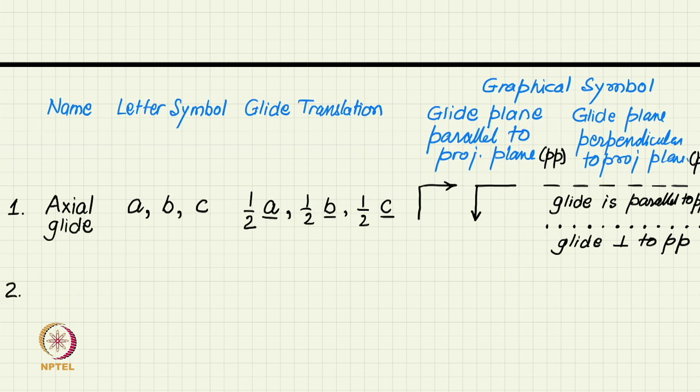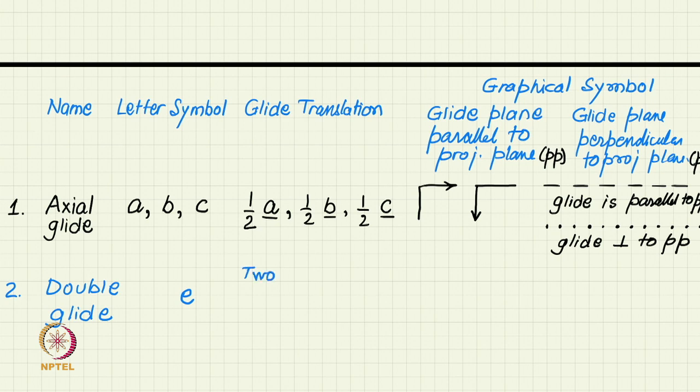Another glide which is possible in 3D is called the double glide. For double glide, the letter symbol is E, and by double we mean that in this plane there are two independent glides and they are perpendicular to each other.